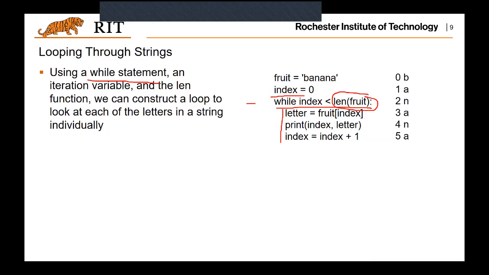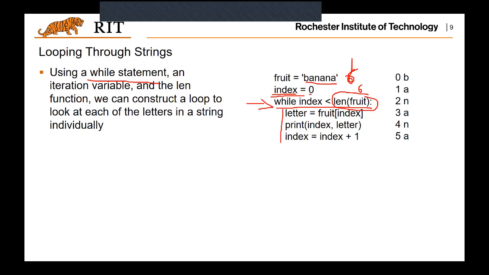And this condition is true, right? For example, if we take this string banana, there are 6 characters, and initially the iteration variable index is 0. When index is smaller than len fruit, in this case 6, is this satisfied for index 0? Yes.